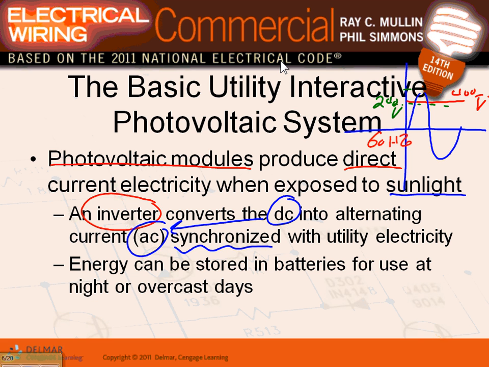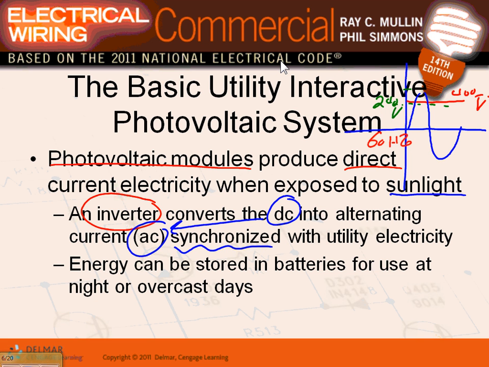Now, if I capture 240 RMS at 60 hertz, I have just got myself into a photovoltaic system. Any question, guys? The output of the modules is DC. You dump the DC across the converter, it converts it into AC, and it synchronizes it.